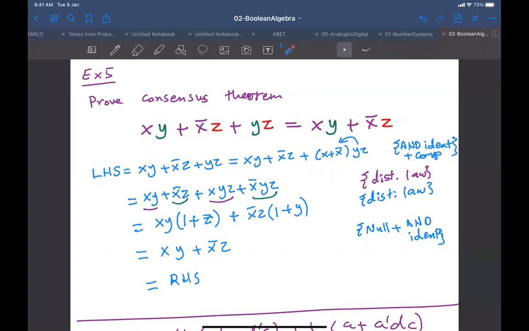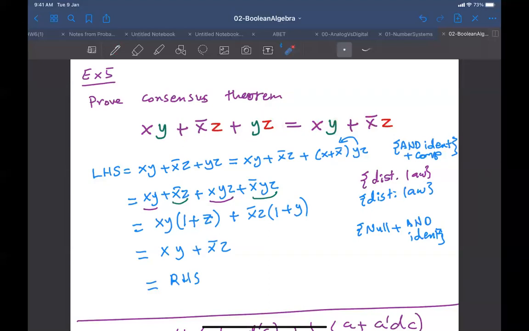Why did we say yz? Because we have here x and x complement in the other term, and then the rest of the terms you just multiply them together to get what we call the consensus term. The consensus term here is yz, and this is a redundant term. You can get rid of it, or you can add it to simplify the function further, okay?